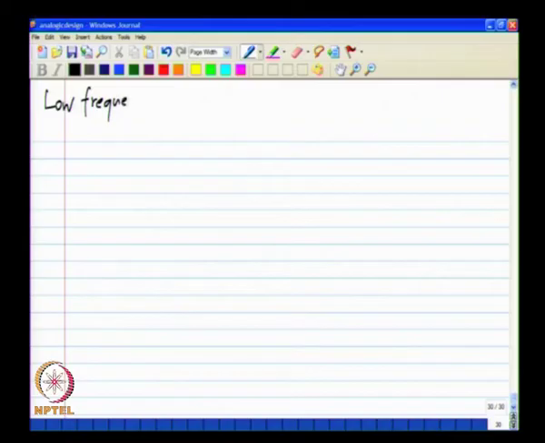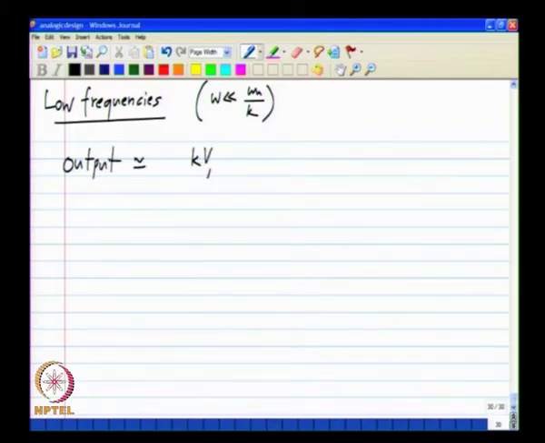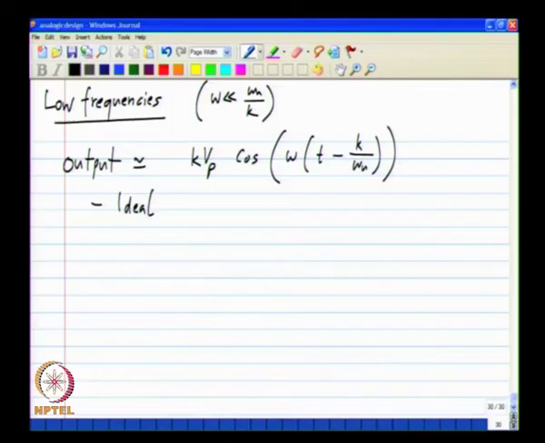To summarize, at low frequencies the gain value is ideal and there is a delay of k by omega u.